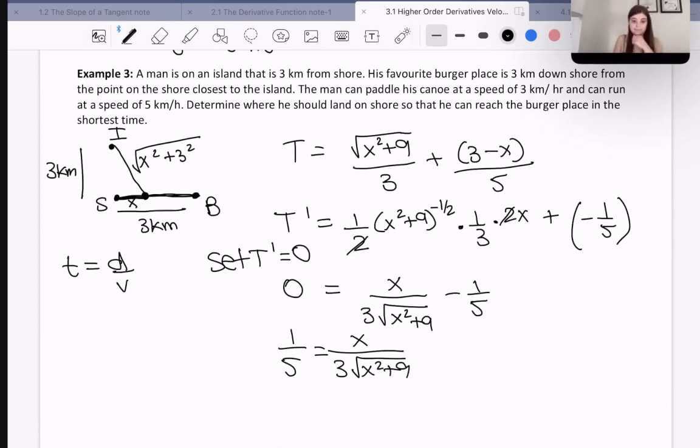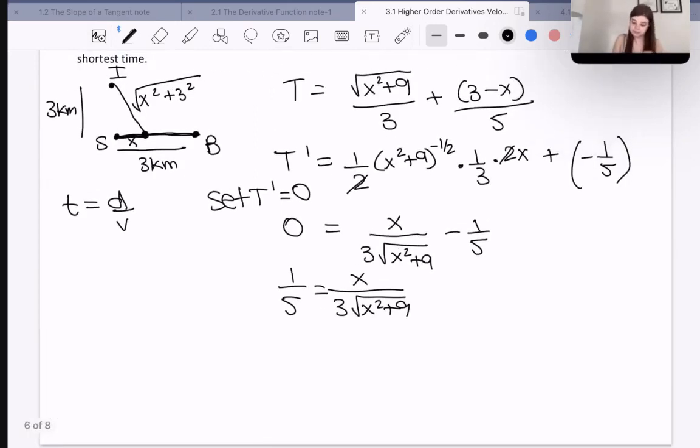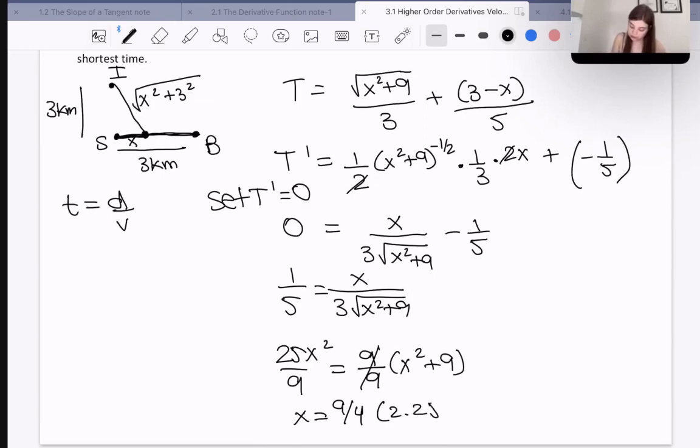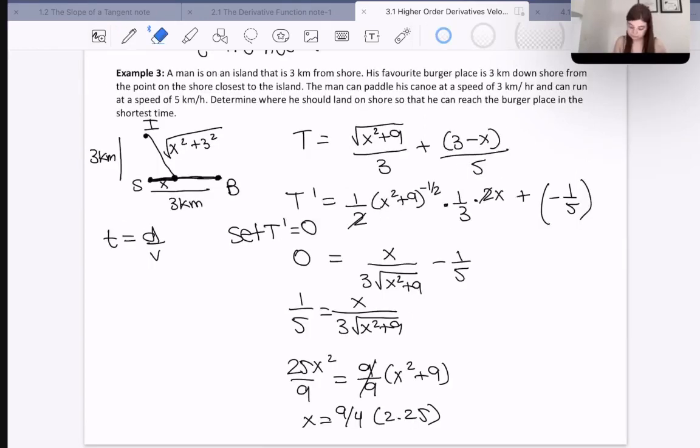And then if we square both sides, we get 25x squared over 9 is equal to 9 over 9 times x squared plus 9. So those can cancel out for us, and if we just continue solving, we eventually get that x is equal to 9 over 4, or 2.25.